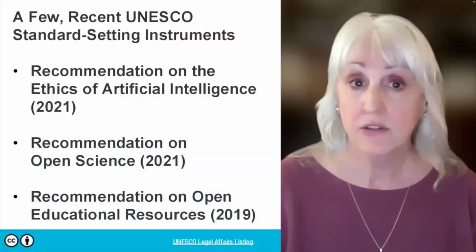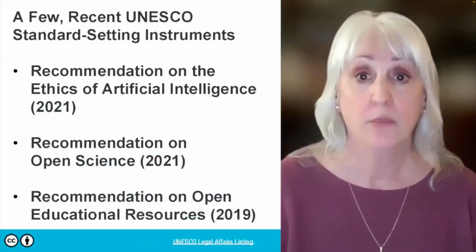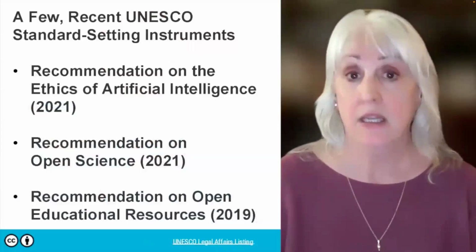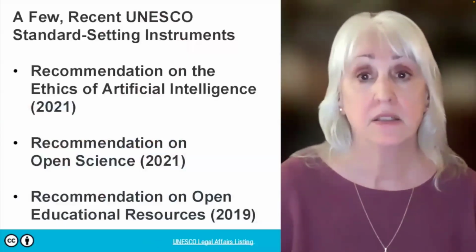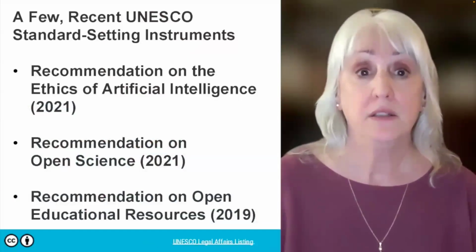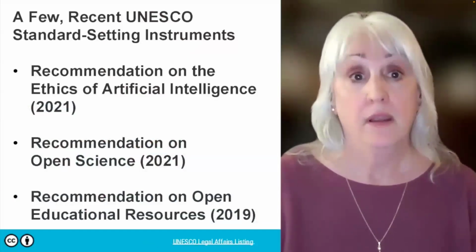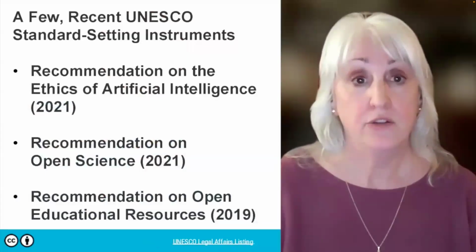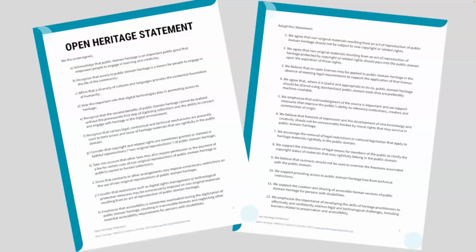There is no international framework providing clear, comprehensive guidance on how to develop open heritage policies, implement open heritage practices, or apply open heritage tools. So many institutions are left unsure. And without global policy alignment, the full potential of open heritage remains largely unrealized. And that gap is what the Open Heritage Statement is designed to close.